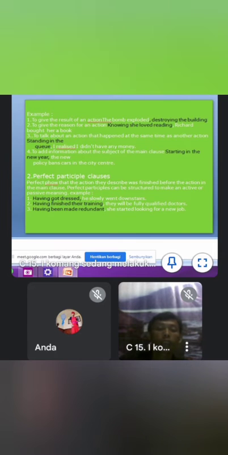The second, if you want to give the reason for an action, the example: knowing she loves reading, Richard bought her a book.